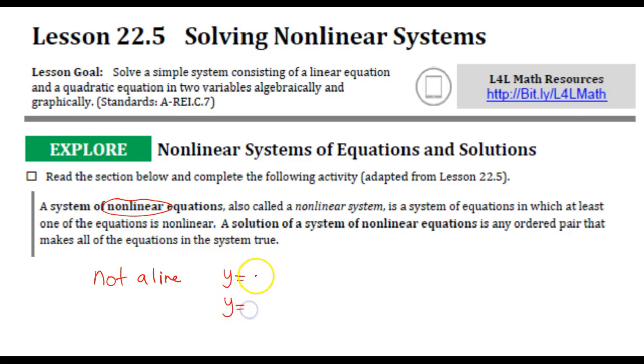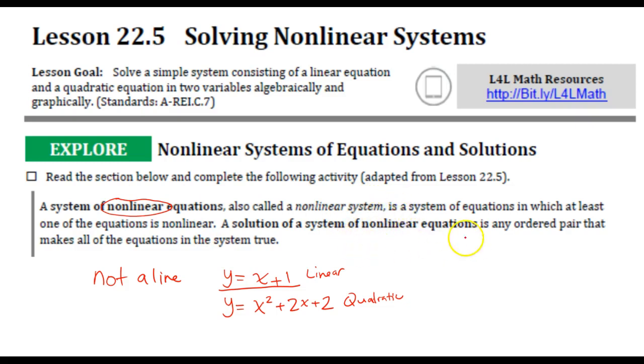So there are two equations, where one is linear and one may be quadratic. This one would be linear, because you'll notice there's no exponent. But there are two of them, at least two.